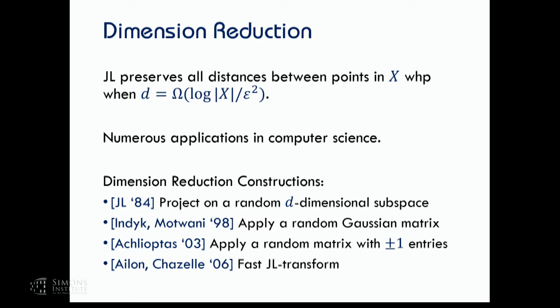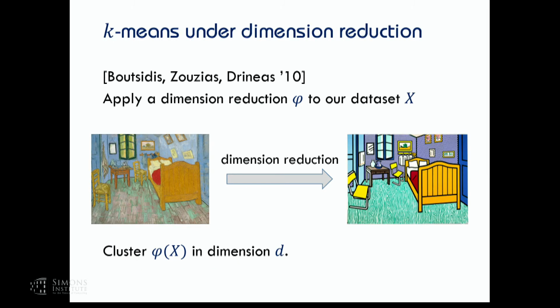For the purpose of this talk, let's assume that our dimension reduction is based on a random orthogonal projection onto a d-dimensional space or a random Gaussian projection. And now let's get back to our problems, k-means and k-medians.